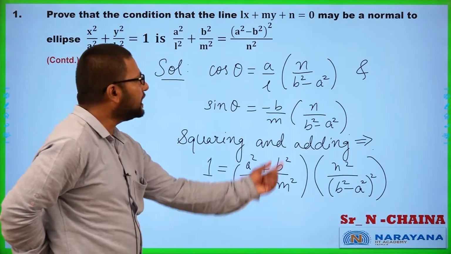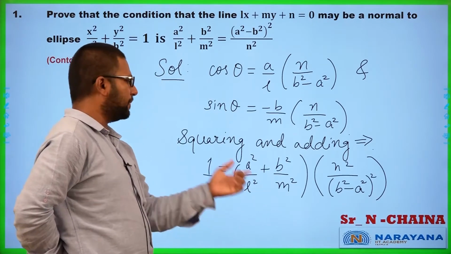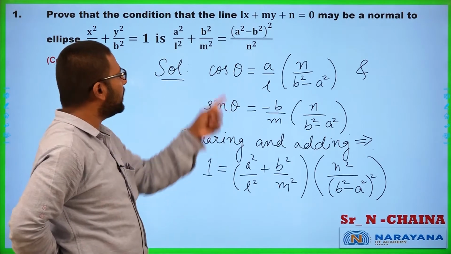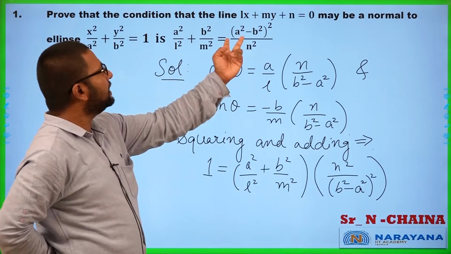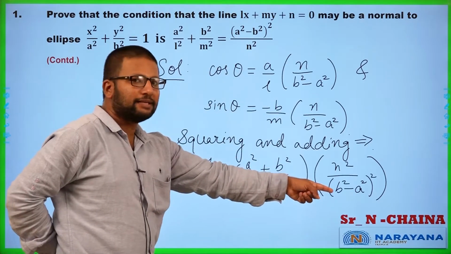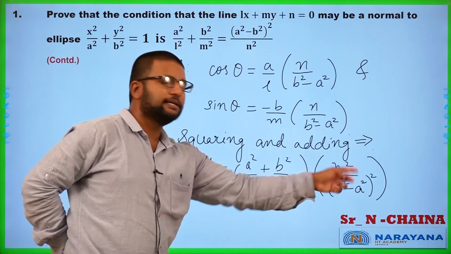Now look at this and look at that. Are we there yet? Just one step before, because we already have a square by L square, b square by m square. We just have to take this to this side and we have b square minus a square. We are looking for a square minus b square, but that is okay because it's a square.